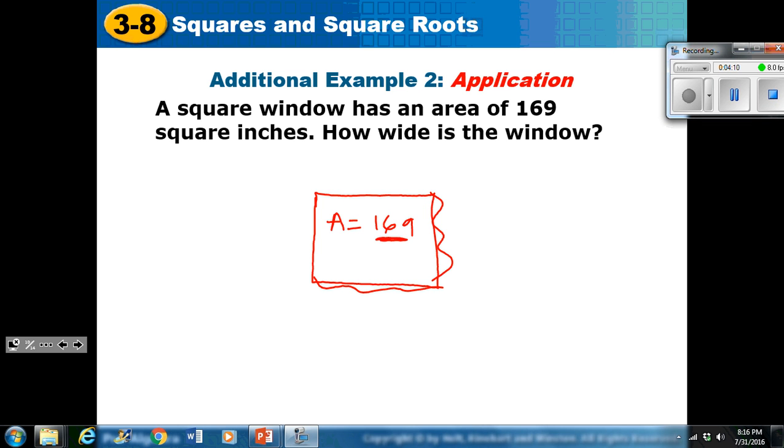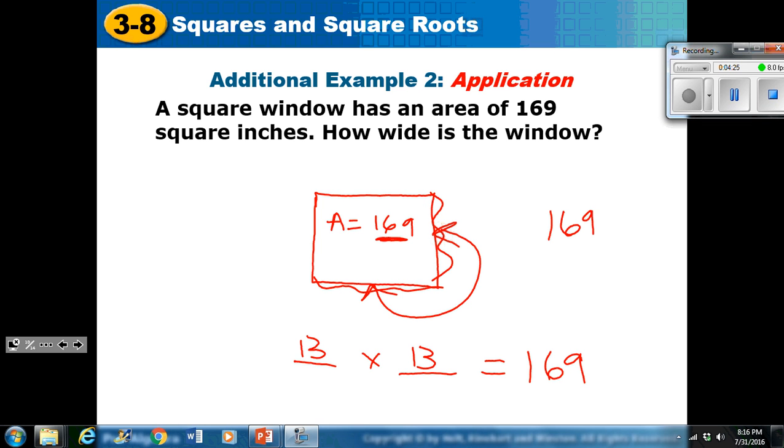And since it's a square, these two things are the same thing. So something times itself equals 169, and that number is 13. The way you would get that is by putting 169 in your calculator and hitting the square root key, and it will give you 13. So 13 inches is your answer.